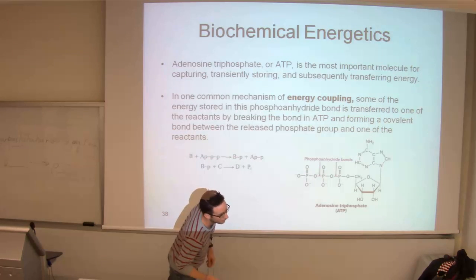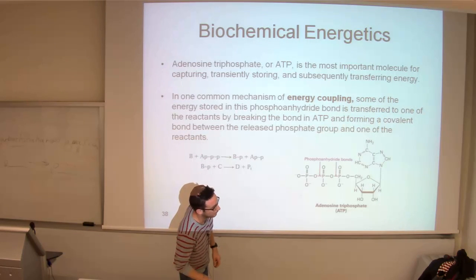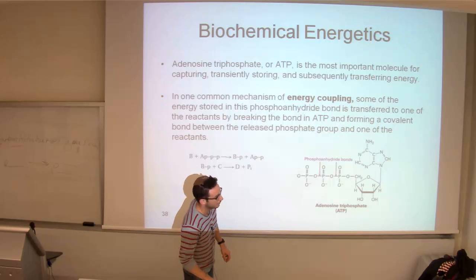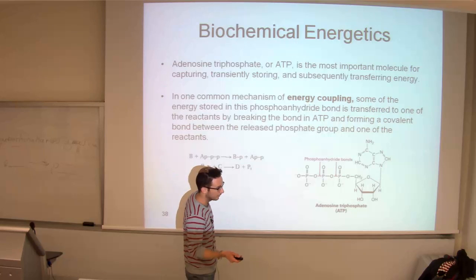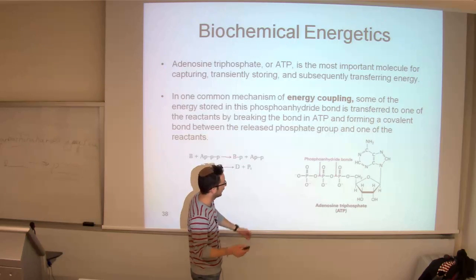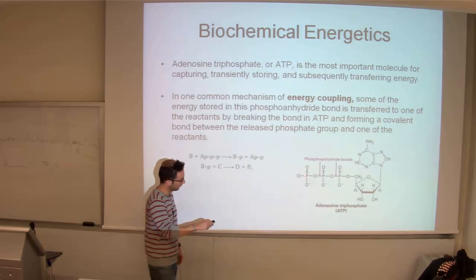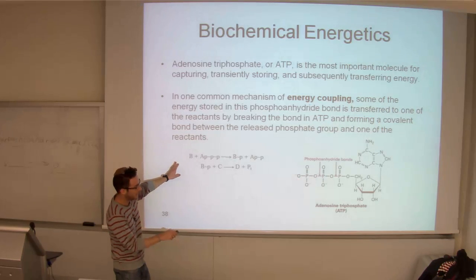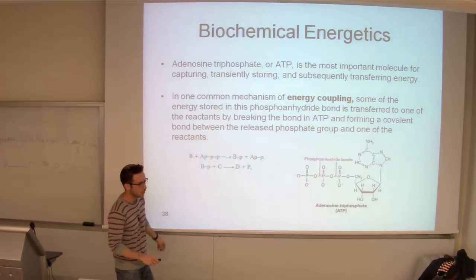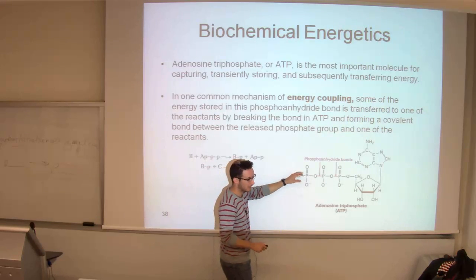Why does this phosphate give, because this is an exothermic reaction? Or where is the energy coming from? The energy comes from the breaking of this bond after it is linked to B. So in order to link this, it's an exothermic reaction, right?